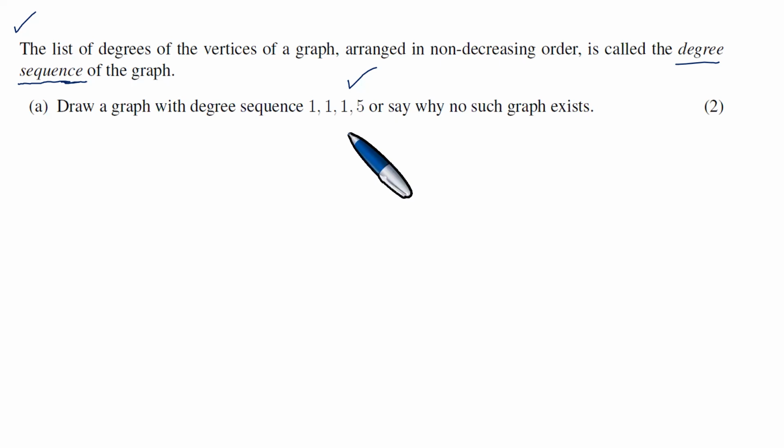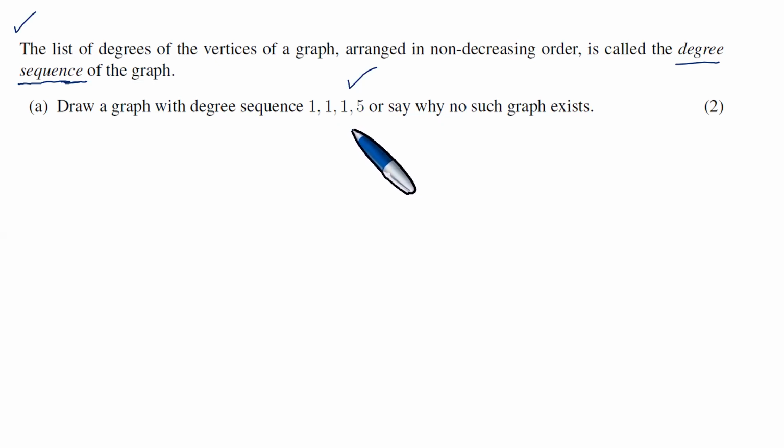Now the list of the degrees, so this you can learn, but no one is going to ask you to define anything. In this module, you're not asked to define things, but you're asked to apply the definitions to situations. So the list of the degrees of the vertices of a graph arranged in non-decreasing order is called a degree sequence of the graph.